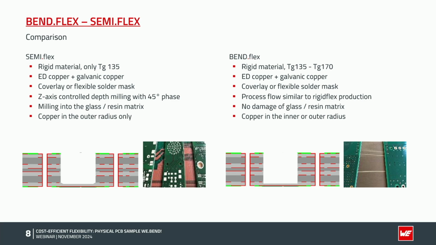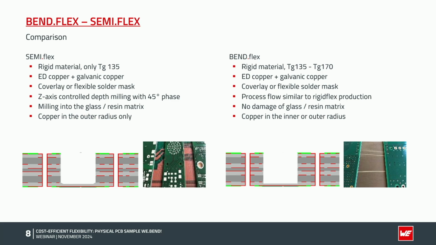So for the semi-flex technology, it's not usable. For the bend flex, we can use it because it won't be damaged, and so the material can be bent very well. We can use for both technologies ED copper, and we add galvanic copper as usual for the outer layers, for multi-layers and rigid flex and so on.